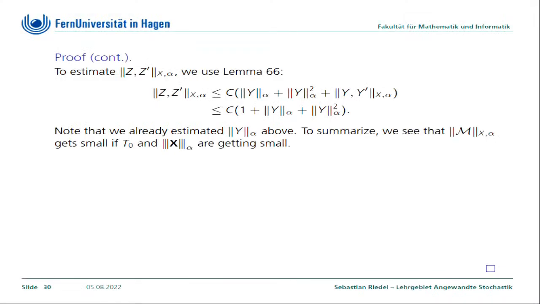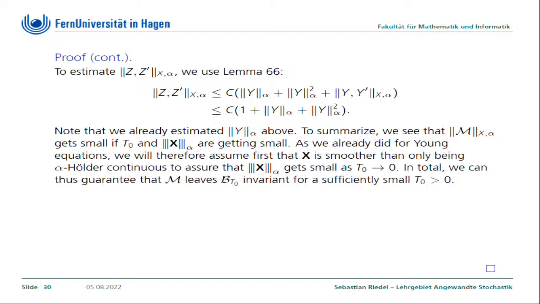And so we see that to bound this term here, so to make this small, one has to do two things. T0 has to be small, and the alpha Hölder norm of the rough path has to be small.